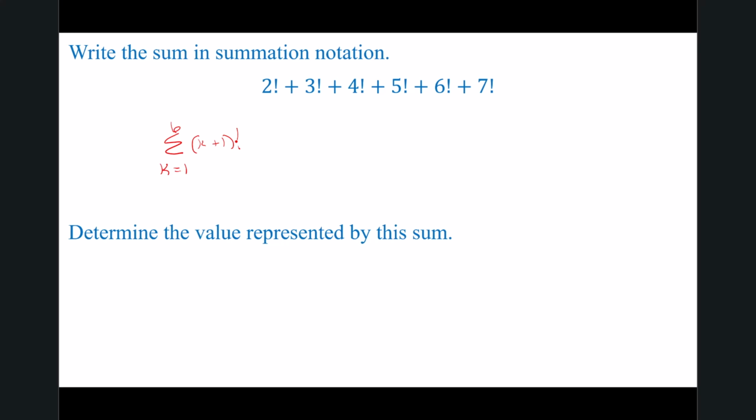When I substitute 2 in for k, I need to get 3 factorial. I could also write this as the sum from k equals 2 to 7 of k factorial. Either of those works. The first one would give us 2 factorial plus 3 factorial, etc. But the second one would give us that same thing. So if I wanted to find the sum, I could just put all of this in the calculator with your factorial button, and you will get 5,912.